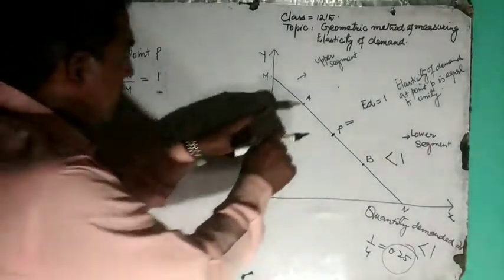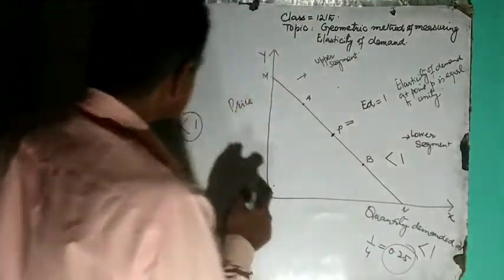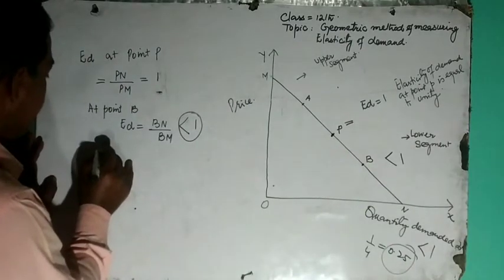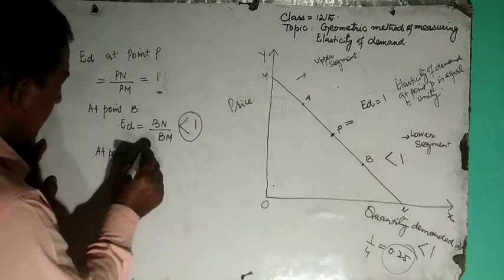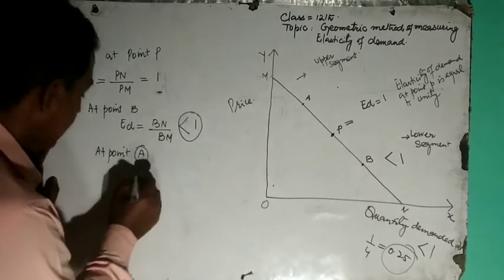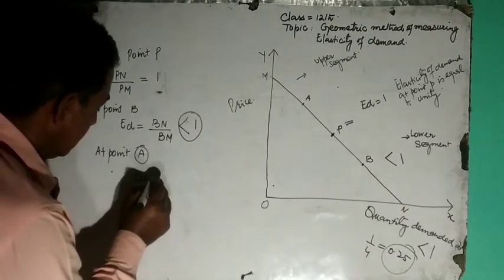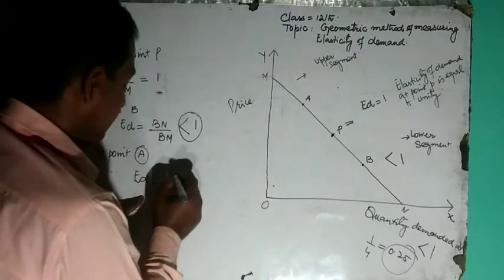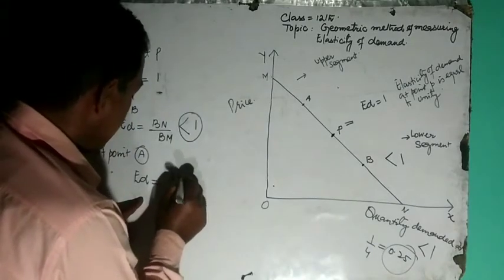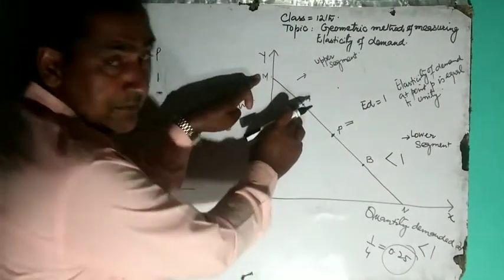Now we will go to point A. At point A, elasticity of demand is equal to the lower segment of the demand curve AN divided by the upper segment of the demand curve AM.